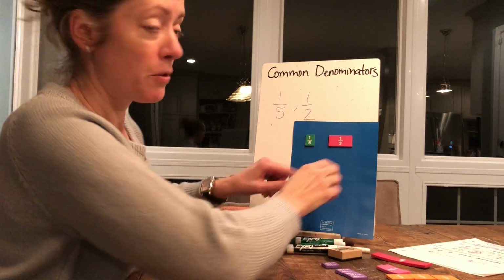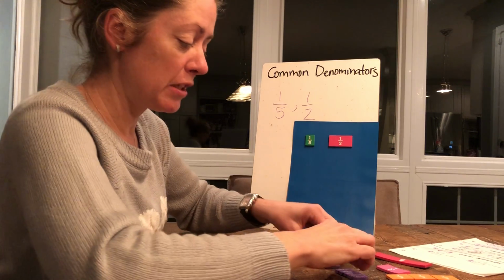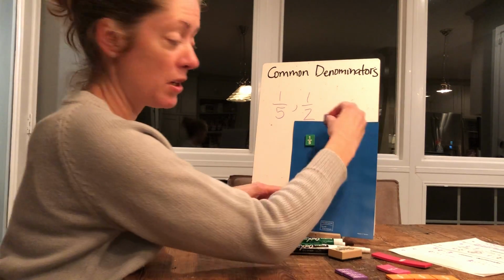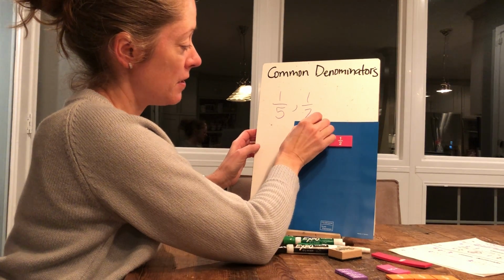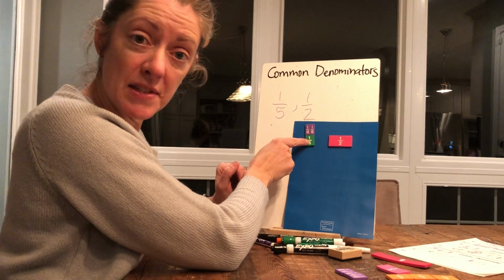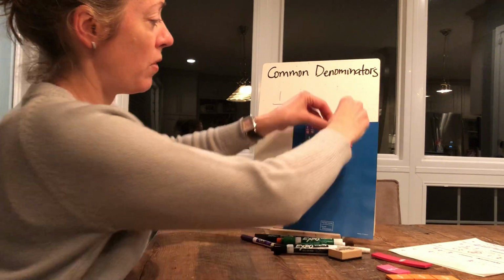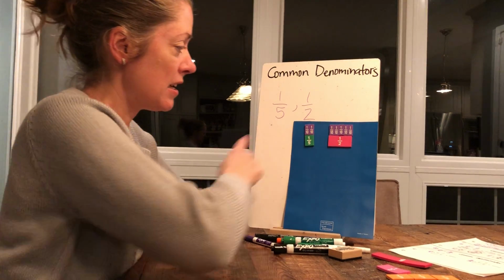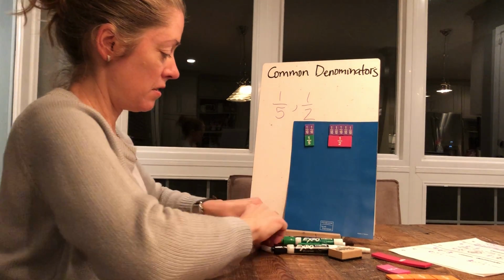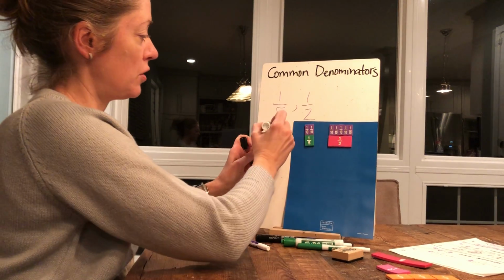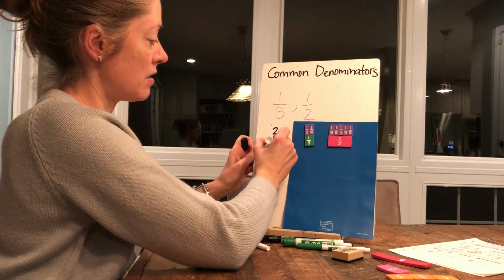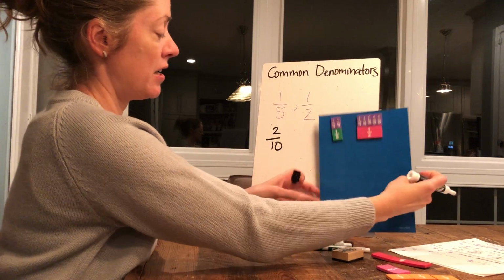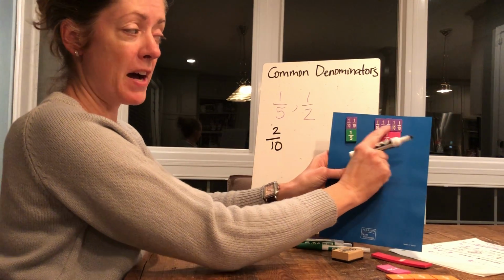And to do that, you need to have a common denominator. So if you played with your fraction bars, you would eventually find out that if we put 1/5 into tenths and the 1/2 into tenths, then we have 2/10, and over here we have 5/10.